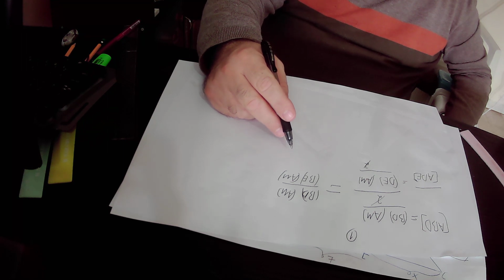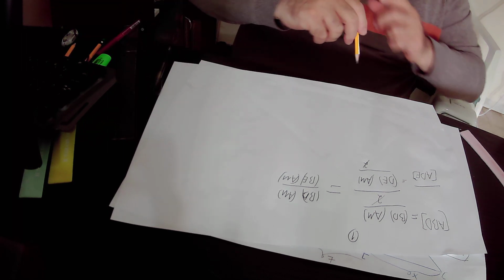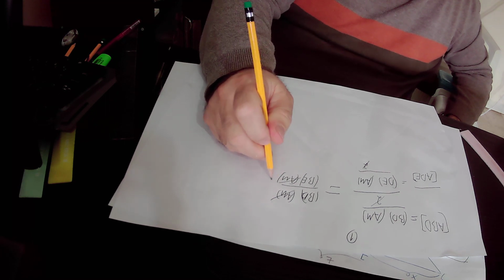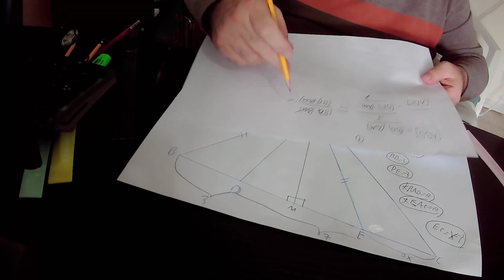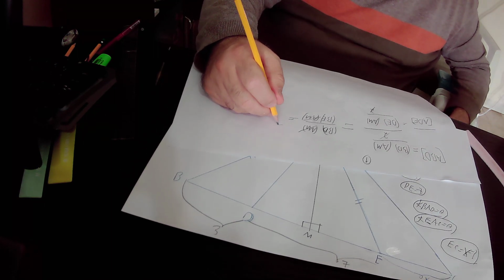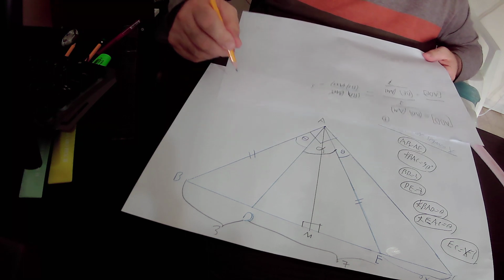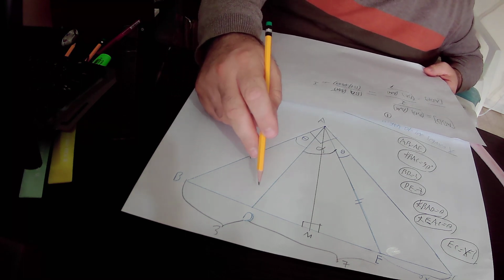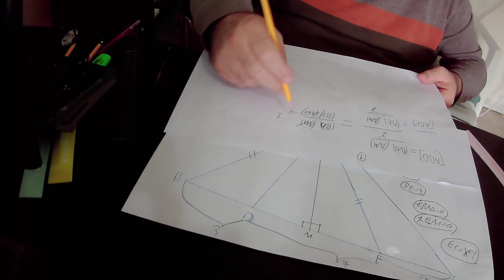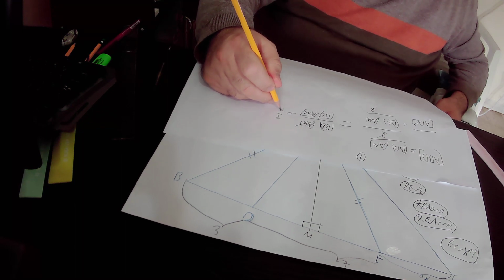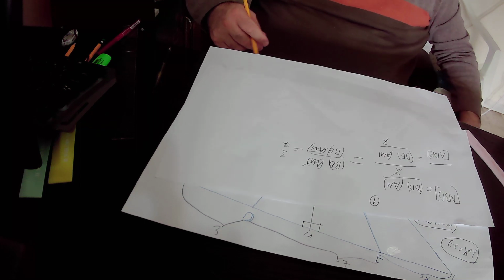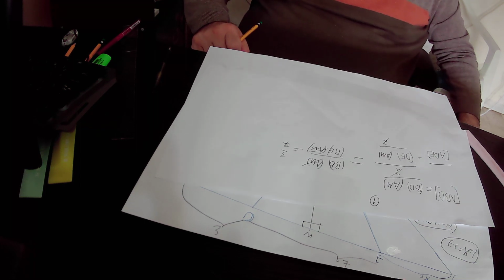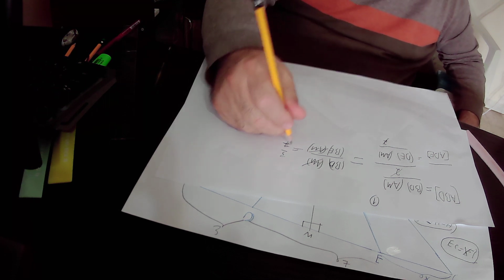Here AM over AM is 1, so AM will get cancelled, and it has been given in the question that BD equals 3 units and DE equals 7 units. So the area of triangle ABD over the area of triangle ADE equals 3 over 7.